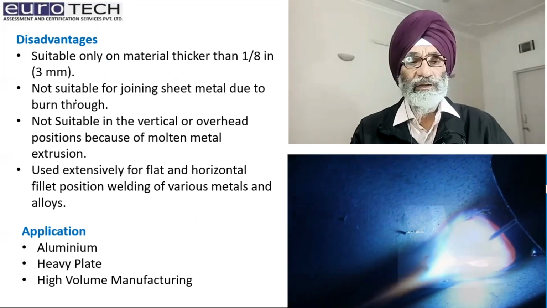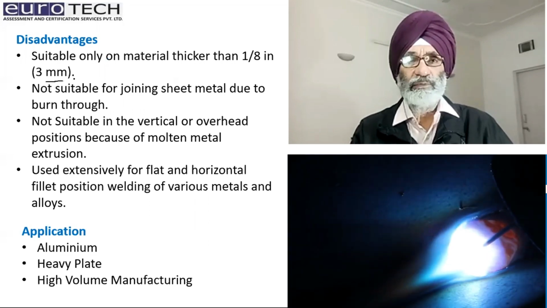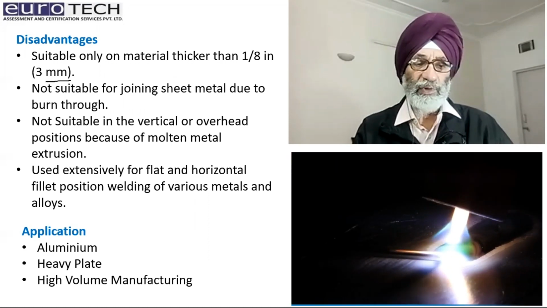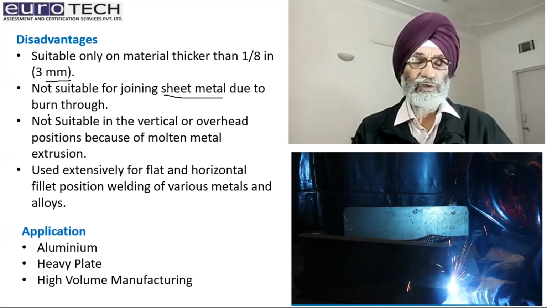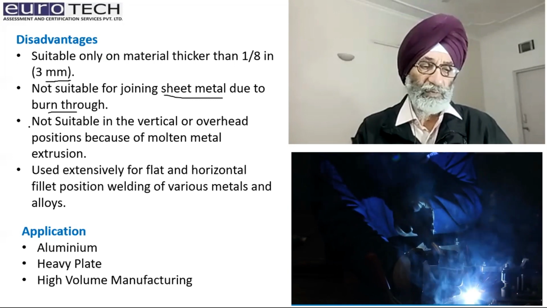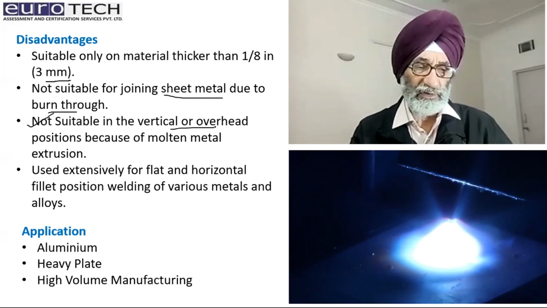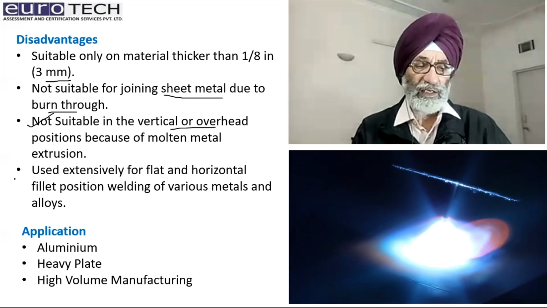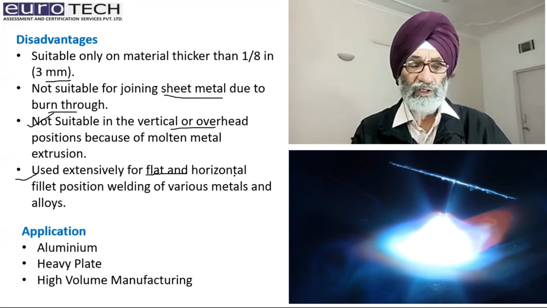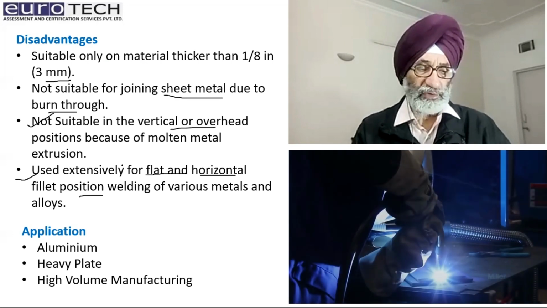It's suitable for thicker material, more than 3 mm. That means for thinner material, it's not very suitable. It's not suitable for sheet metals due to burn-through, which may happen and holes will be created. It's not suitable for vertical as well as overhead positions, and it is used extensively for the flat and horizontal fillet positions because of the puddle and the extrusion.